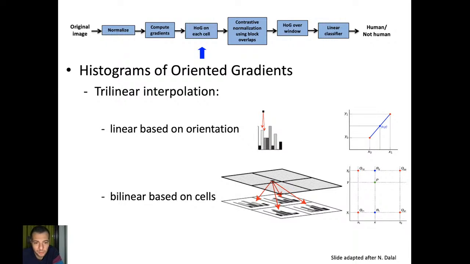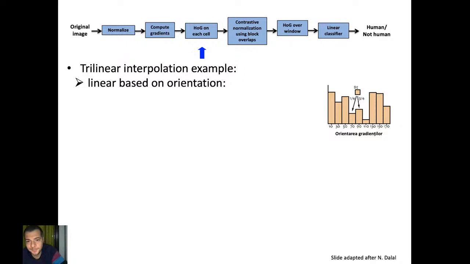And it's also bilinear based on the cells. So for example, a pixel that belongs to this cell contributes to this cell with a higher weight, but it can also contribute to the other cells with a smaller weight. So all these histograms are based on soft assignments.